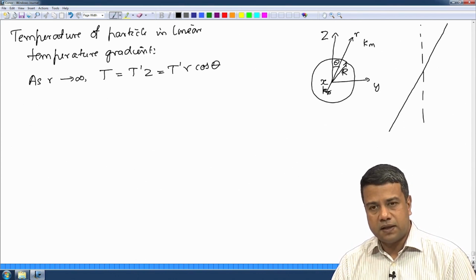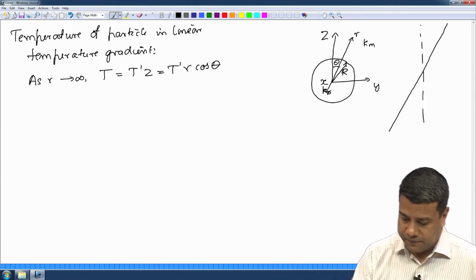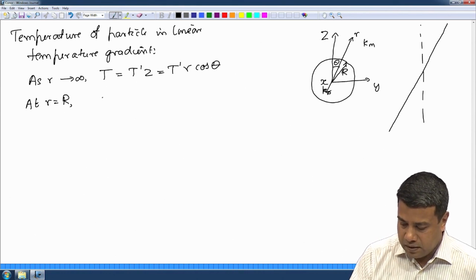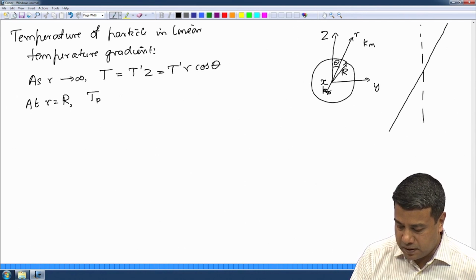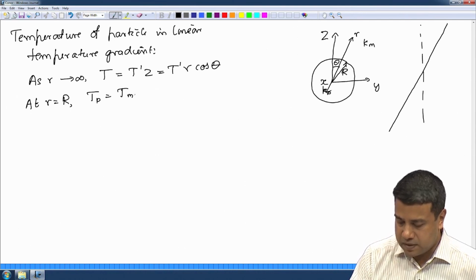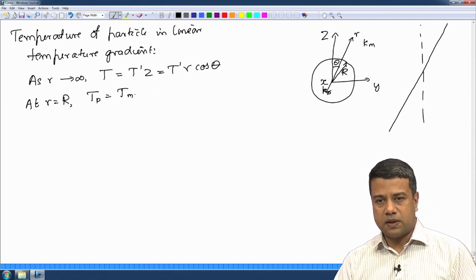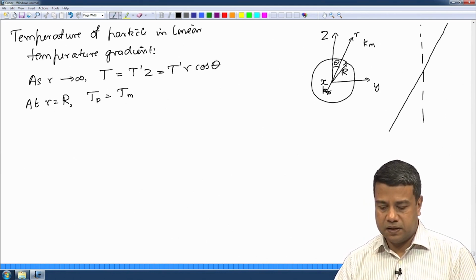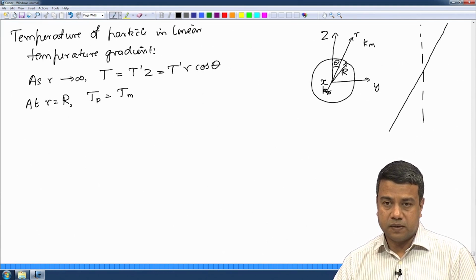At the particle surface itself, r is equal to R, we require that the temperature of the particle is equal to the temperature of the matrix. Equal temperature on both sides, you cannot have two different temperatures at that same location. And the fluxes also have to be equal. Whatever flux is leaving the particle has to enter the matrix, by heat balance.